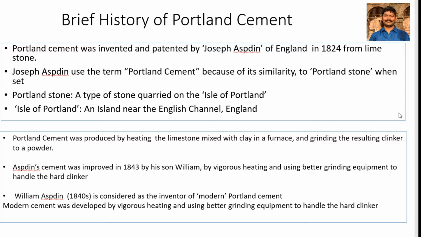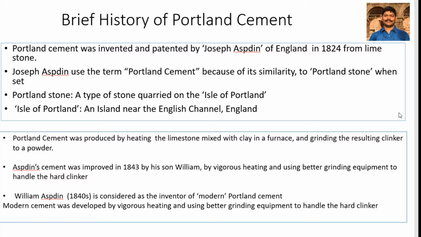He basically developed it from limestone, and he used the term Portland cement because it has a similarity to Portland stone, the stone which is available on the Isle of Portland, a small island. The Portland cement has a similarity with the stone quarried from the Isle of Portland.